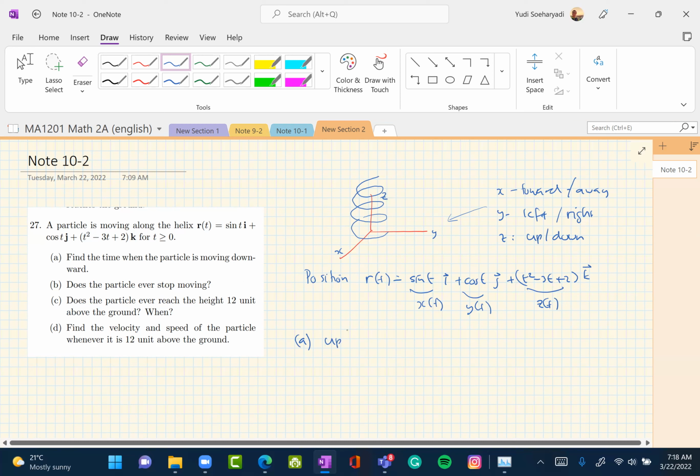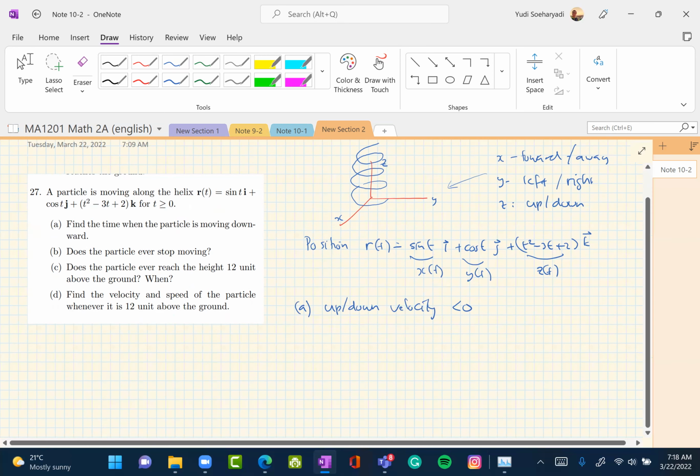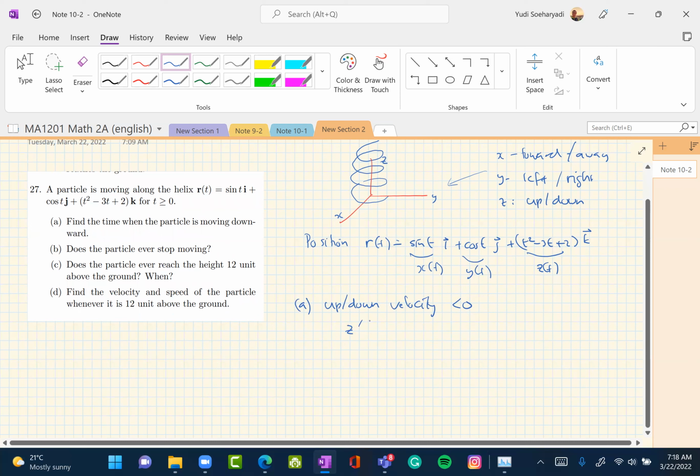The up-down velocity is z prime, which is 2t minus 3. We want something negative, so t must be less than 3 halves.